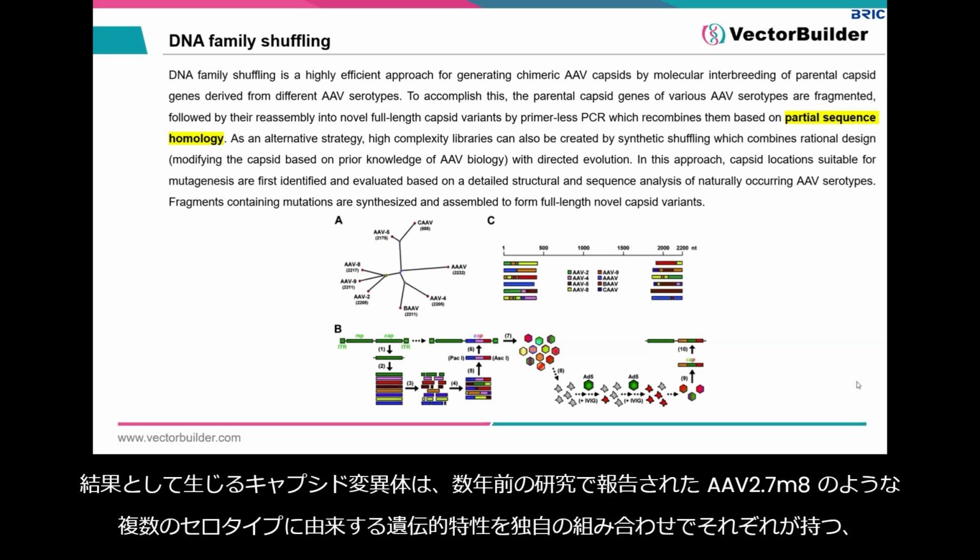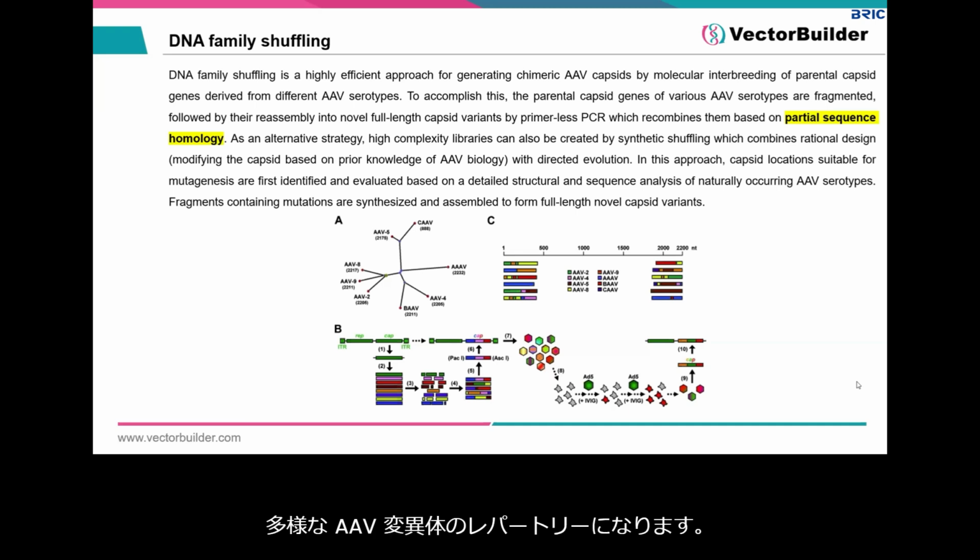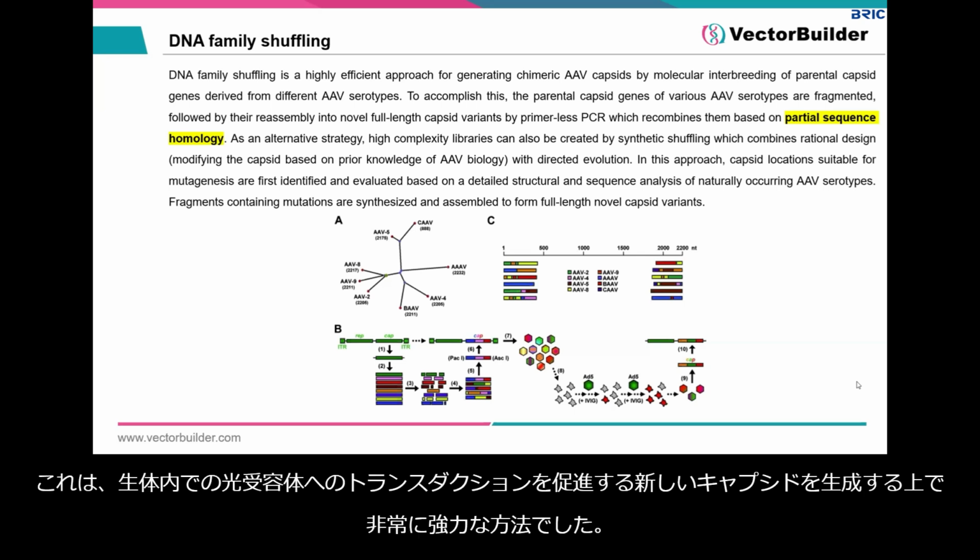For example, AAV2.7m8, which was reported in research several years ago, shows that this method is very powerful for generating novel capsids that facilitate photoreceptor transduction in vivo.